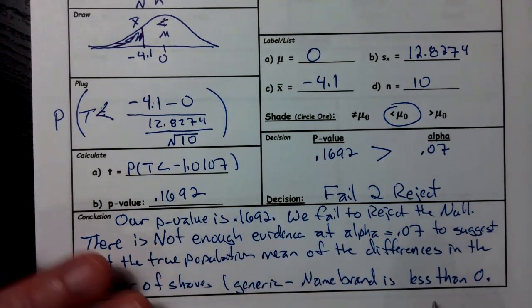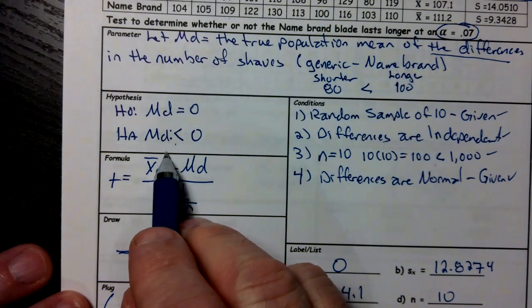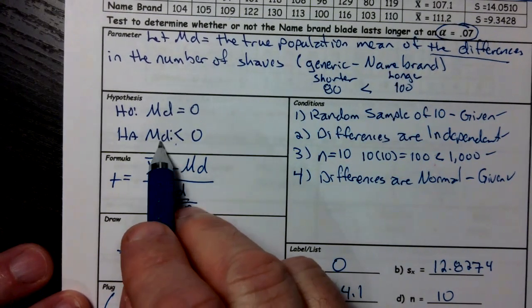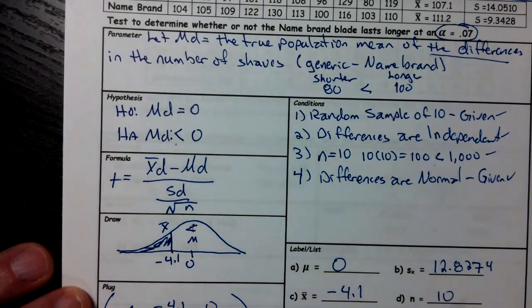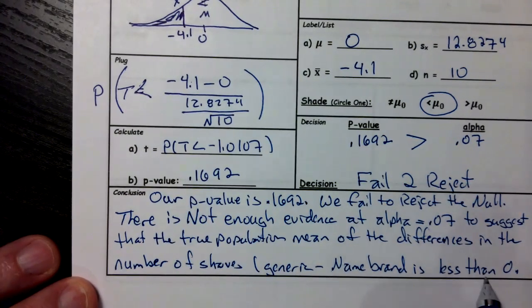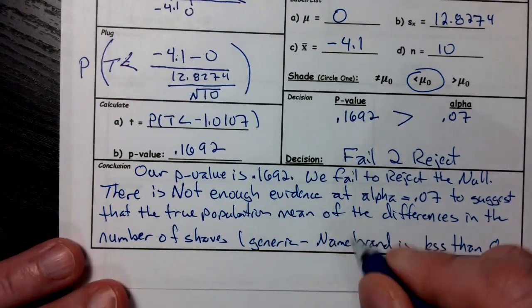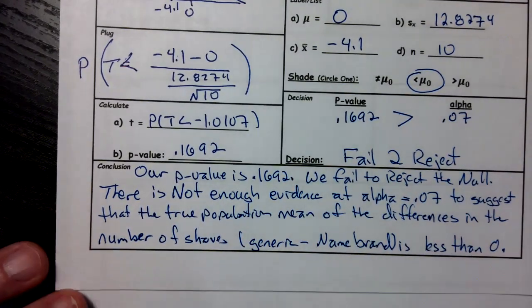All right, the less than 0 came from a restatement of my alternative. The mean of the differences is less than 0. And that's basically said mean of the difference is less than 0. And we're saying there's not enough evidence to say that. All right, that's what we're saying. There's not enough evidence to say that.